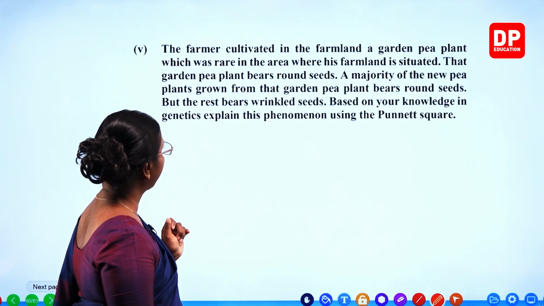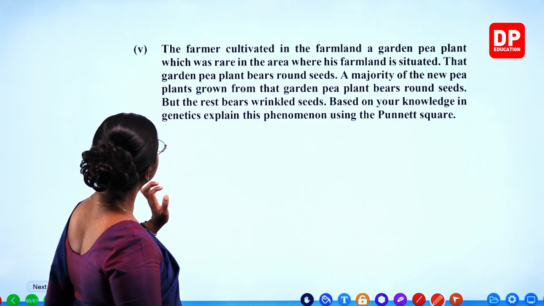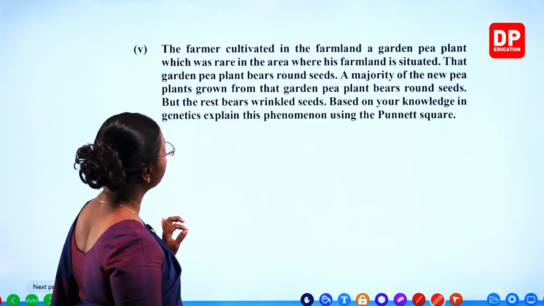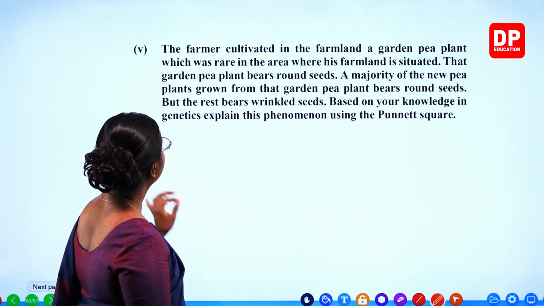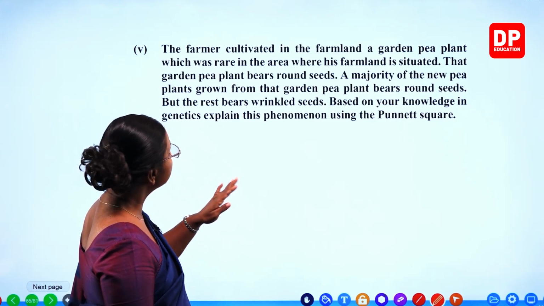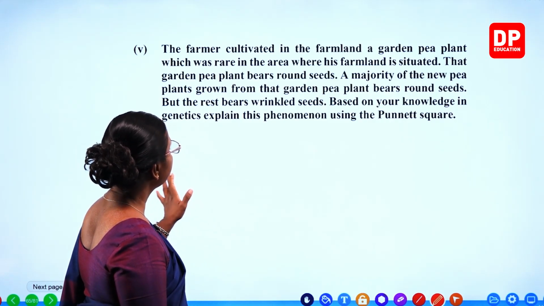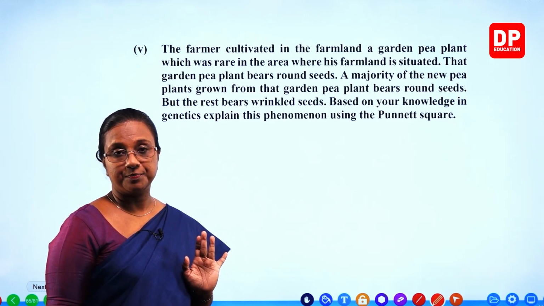That garden pea plant bears round seeds. A majority of the new pea plants grown from that garden pea plant bears round seeds, but the rest bears wrinkled seeds. Based on your knowledge in genetics, explain this phenomenon using the Punnett square.